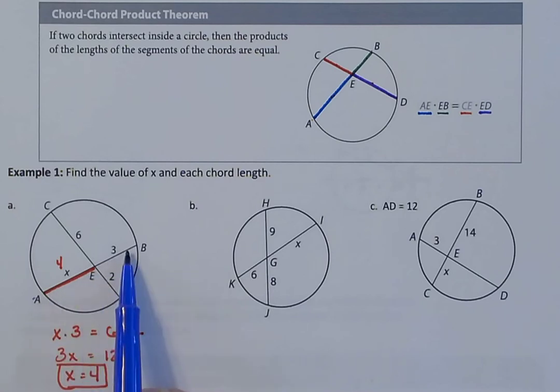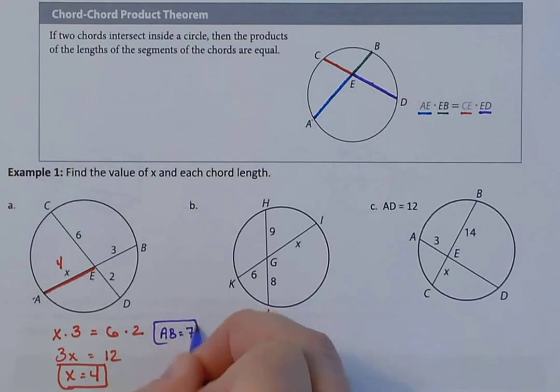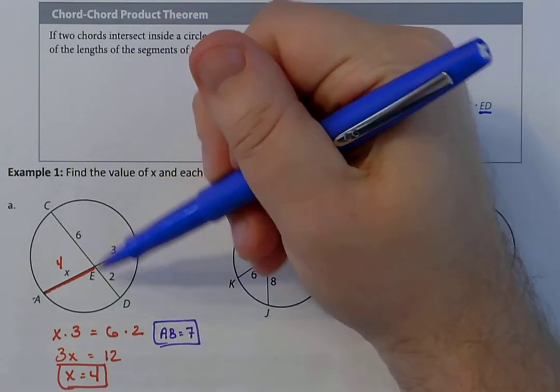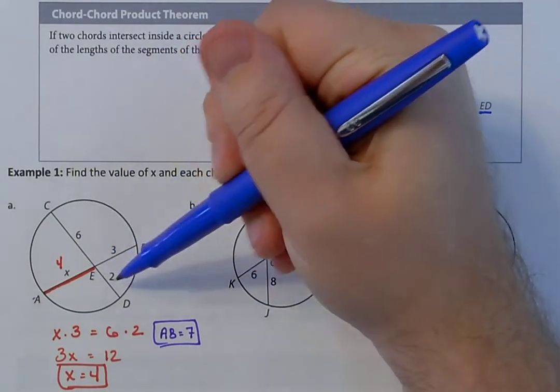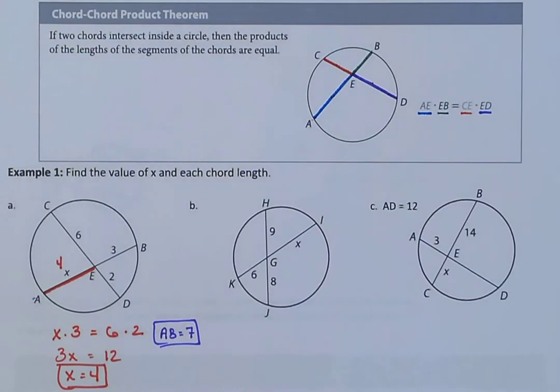So the whole thing of AB is 7. And then if I carry that idea for CD, if this part is 6 and this part is 2, then the whole thing of CD is 8.